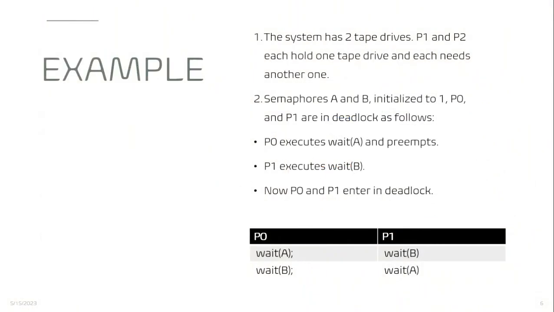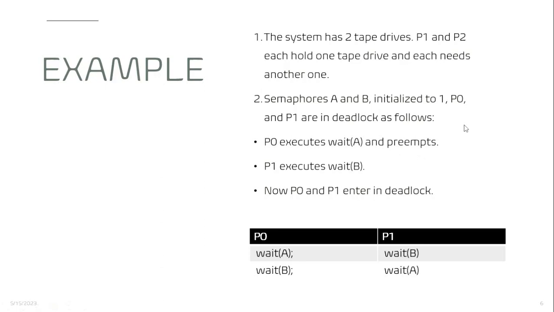Another example is, for example, a system has two tape drives, P1 and P0. Each holds one tape drive and each needs another one. So how can we explain the situation? Firstly, P0 executes wait A and preempts, that is, moves on to the next process.